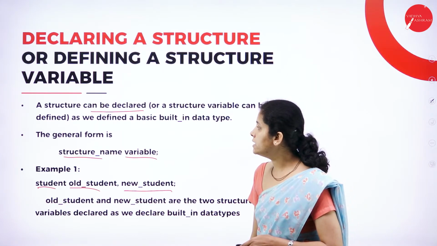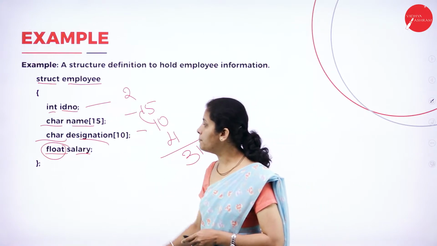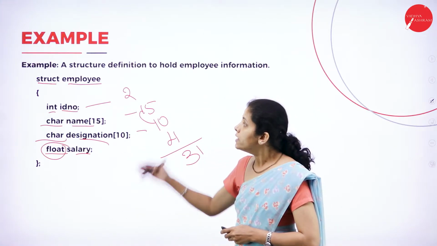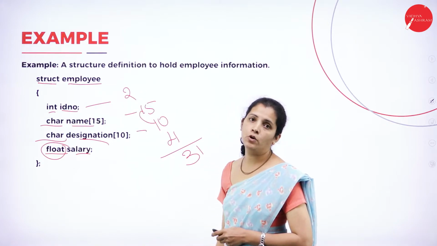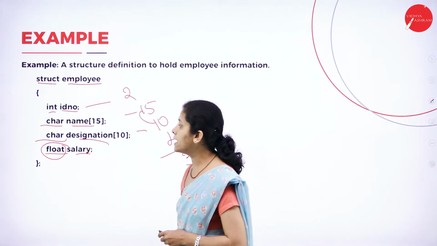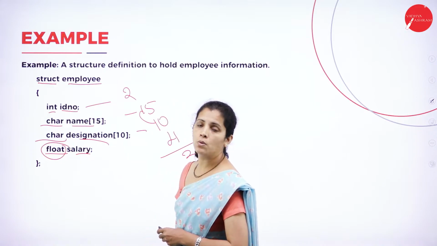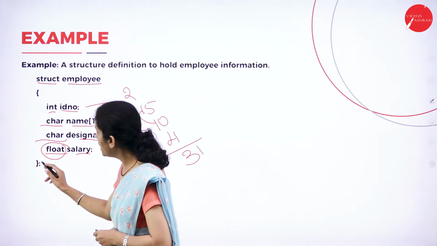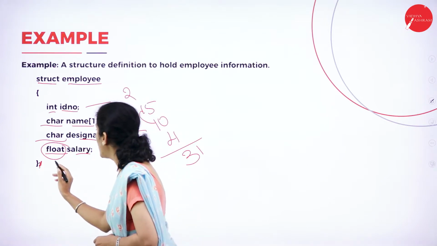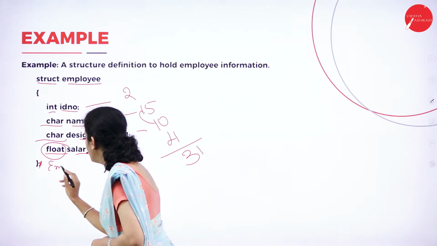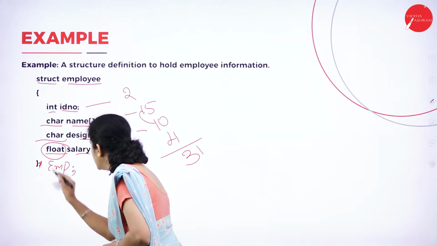Now, dear student, if I consider this example, and I want to create a structure variable, here itself I can create it. See here, student. I just remove this semicolon and write EMP and then the semicolon.